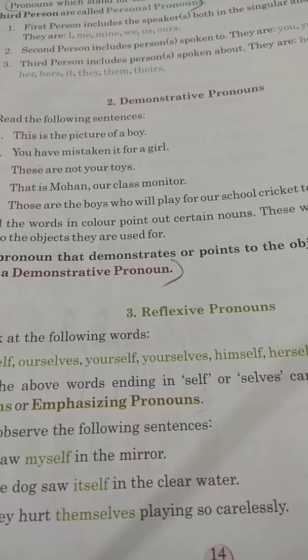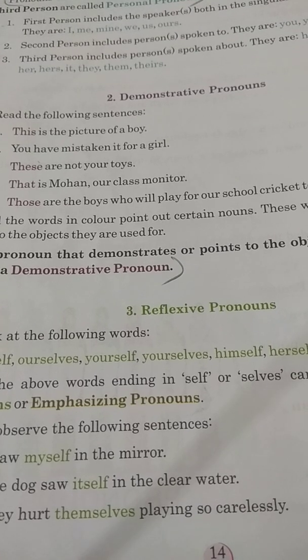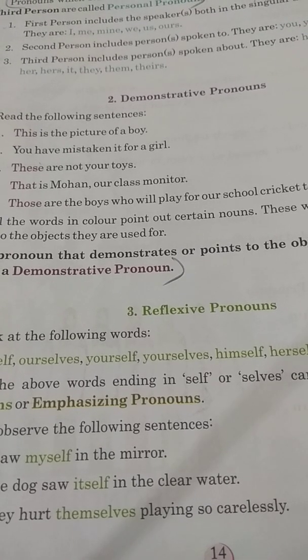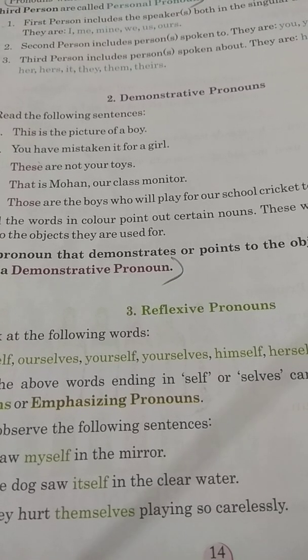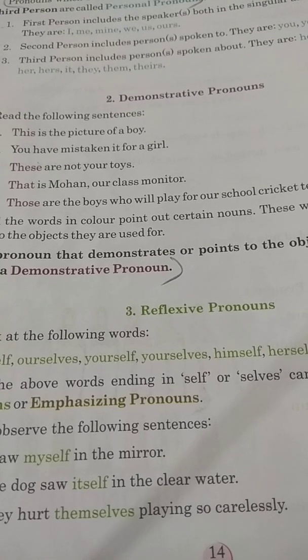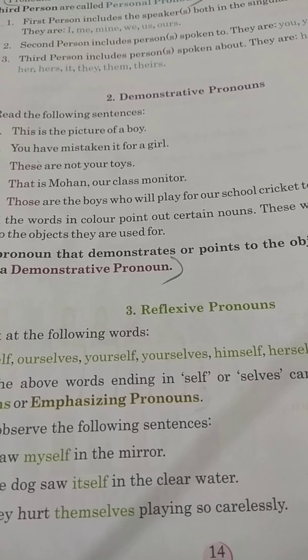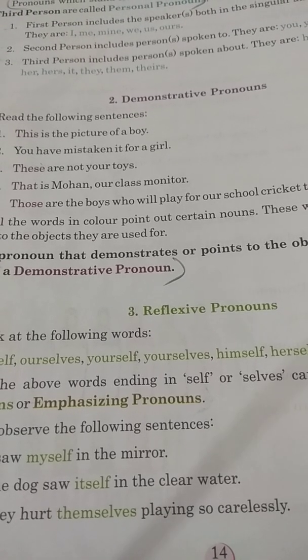Pronouns of the first person: I, we, me, us, mine, ours. Pronouns of the second person: you, yours. Pronouns of the third person: he, she, it, they, him, her, them, his, hers, their.